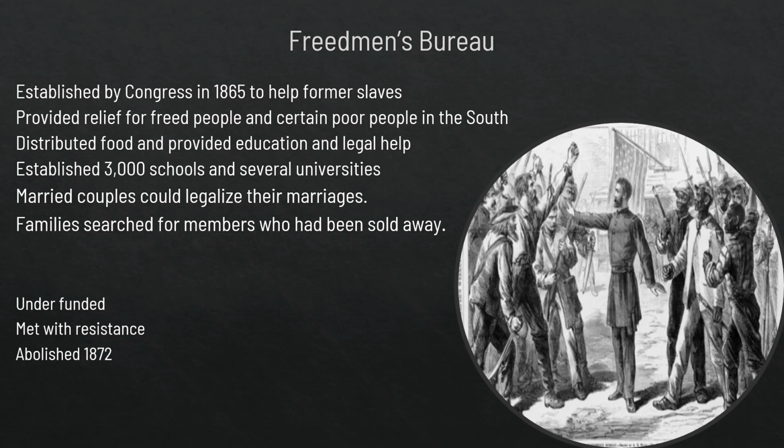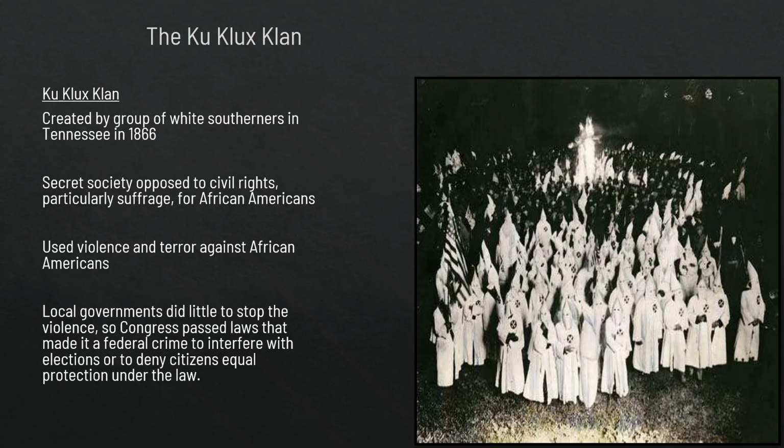And then you're going to have, of course, violence, local hostility, and a lack of support. So the Bureau is going to be abolished in 1872. It still definitely had not completed its mission, what all it wanted to do, but it does have a legacy in American history of really just being a very positive institution that did help to transform lives during this time period.